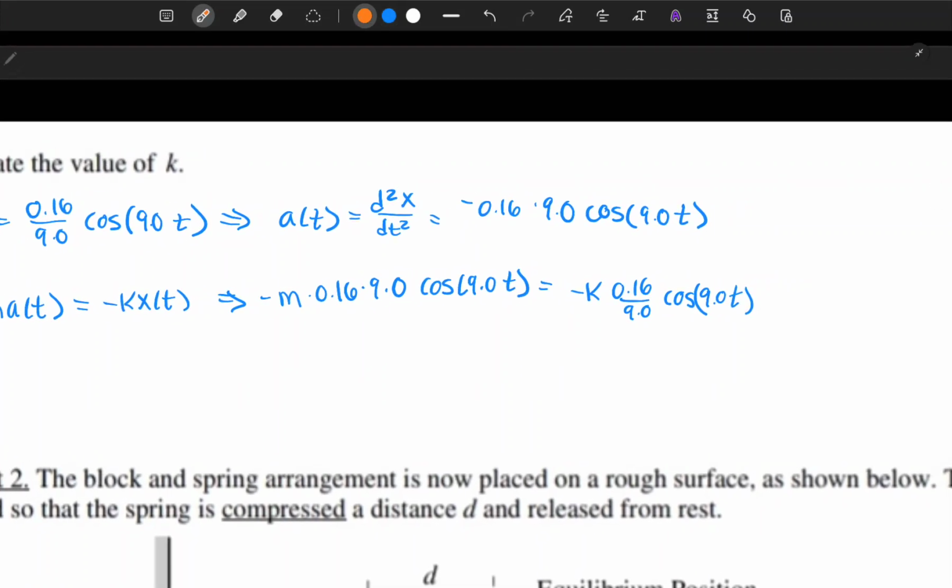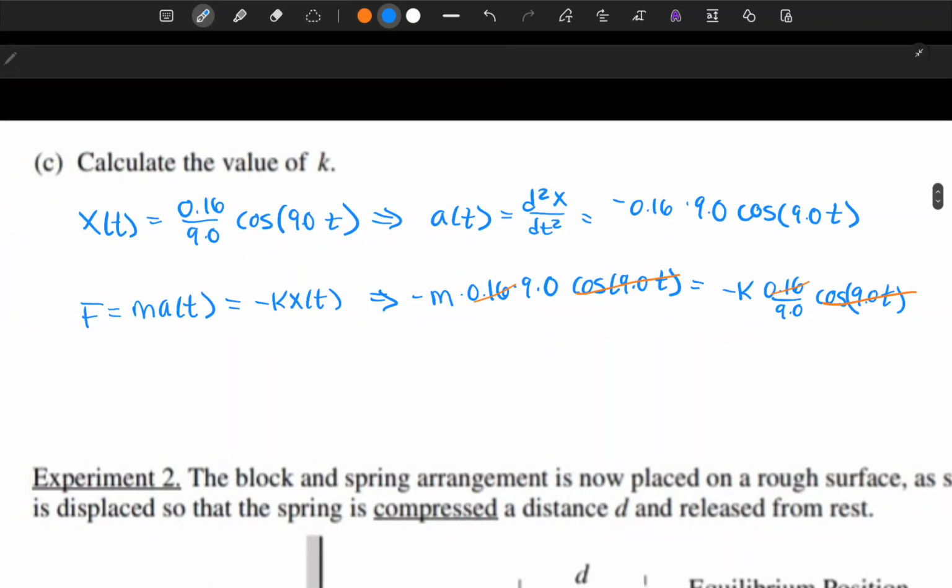So, canceling like terms on either side, we can get rid of the cosine on either side of the equality. We can get rid of 0.16 on either side of the equality. Then, solving for k, we find that k is equal to m times 9.0 squared.